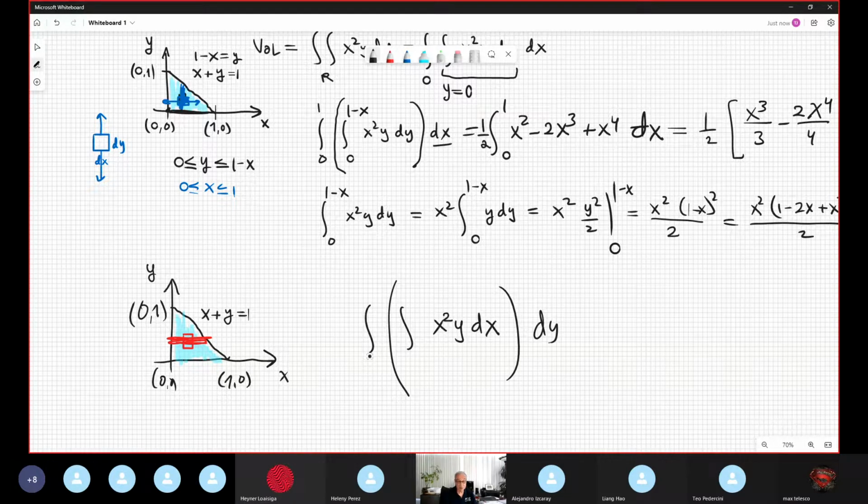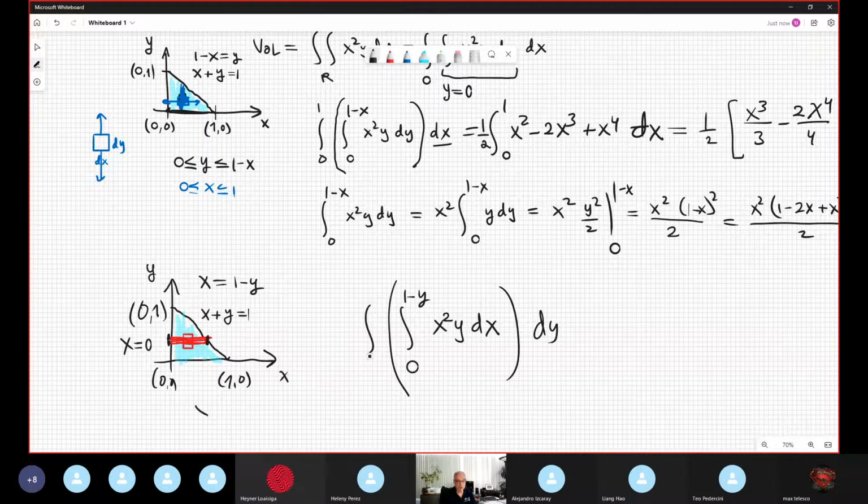The region, when you extend it here, is from 0, because x is equal to 0, to the x of the line, as a function of y. So x of the line is equal to 1 minus y. This is x.